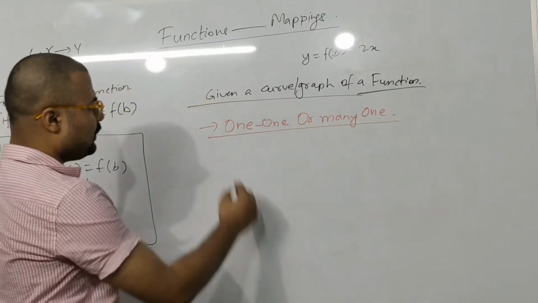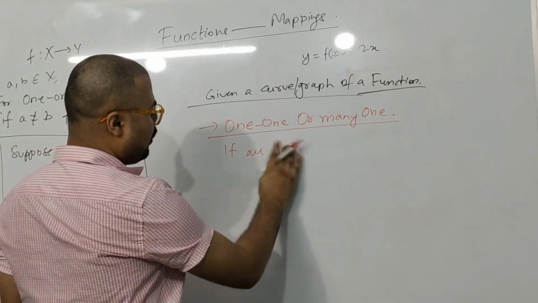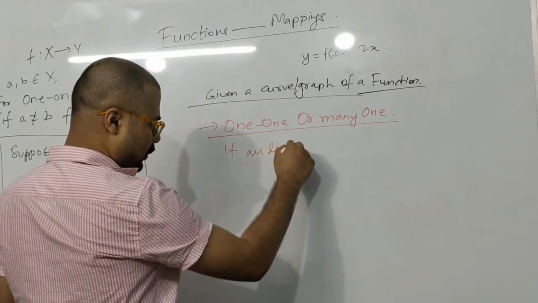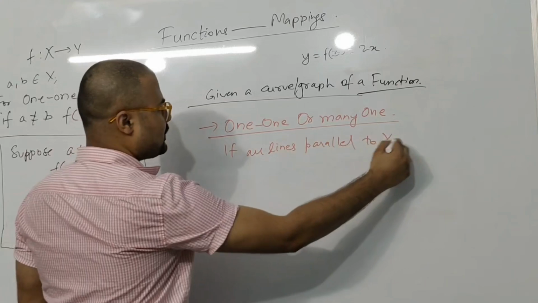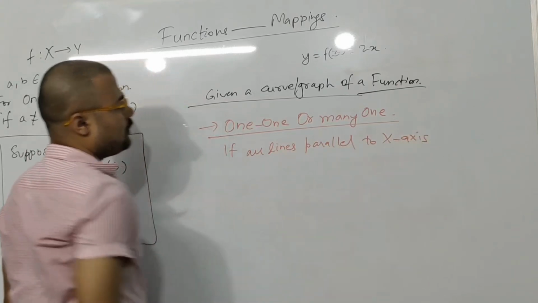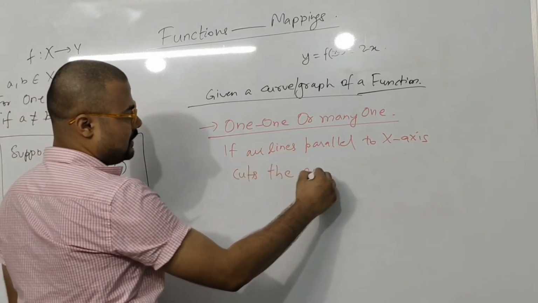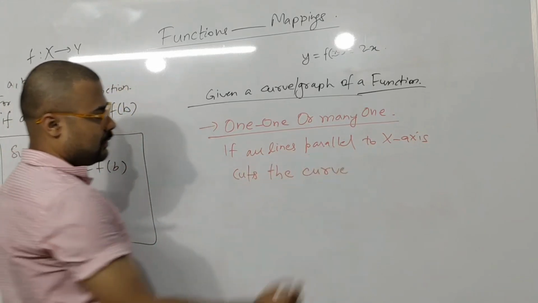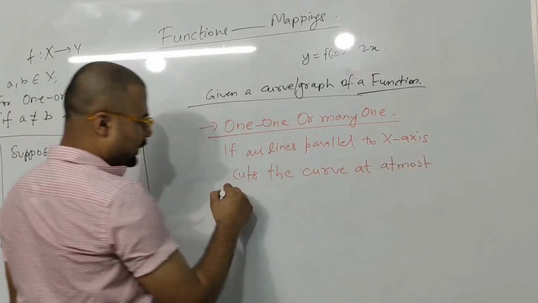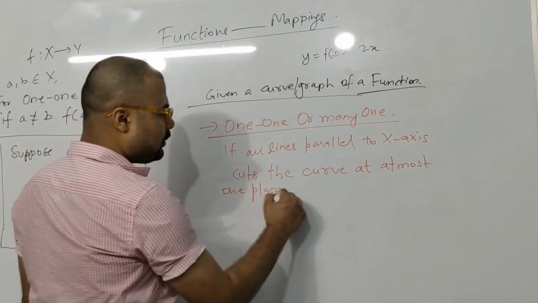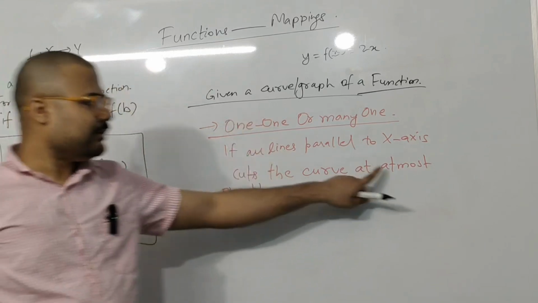For one-one or many-one: if all lines parallel to the x-axis cut the curve at most one place, then it is one-one. Why am I writing "at most"?